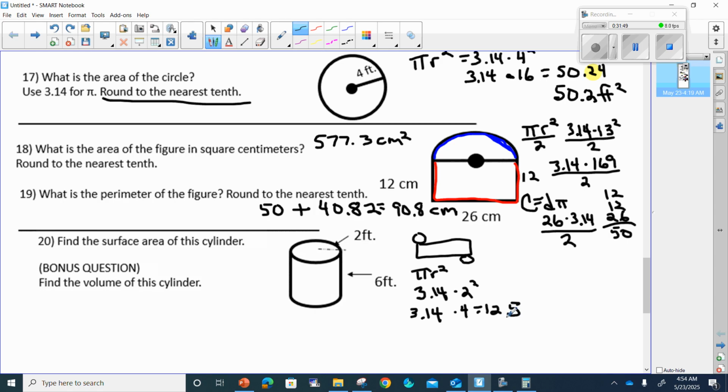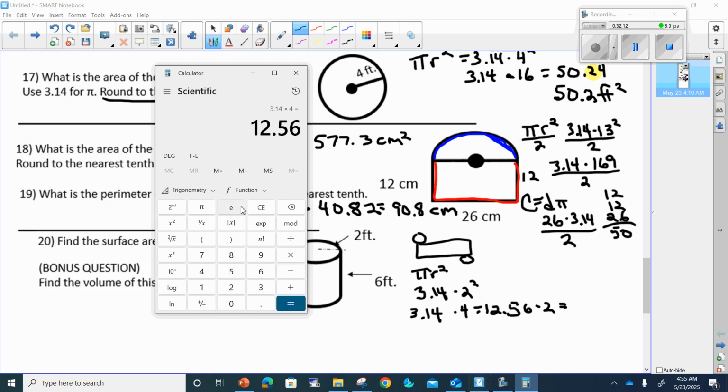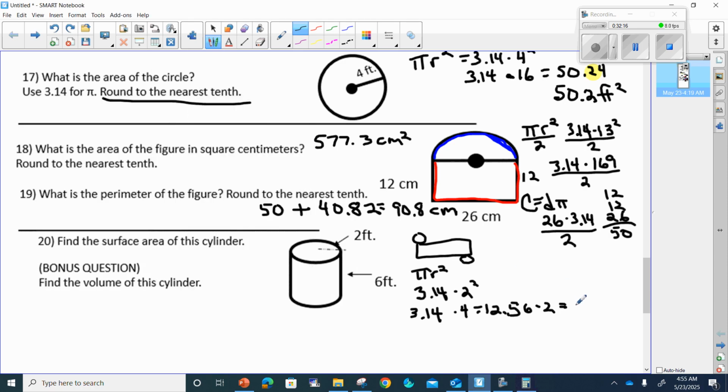We see that there's 2 circles. So we're going to have to multiply this by 2. That's 25.12.